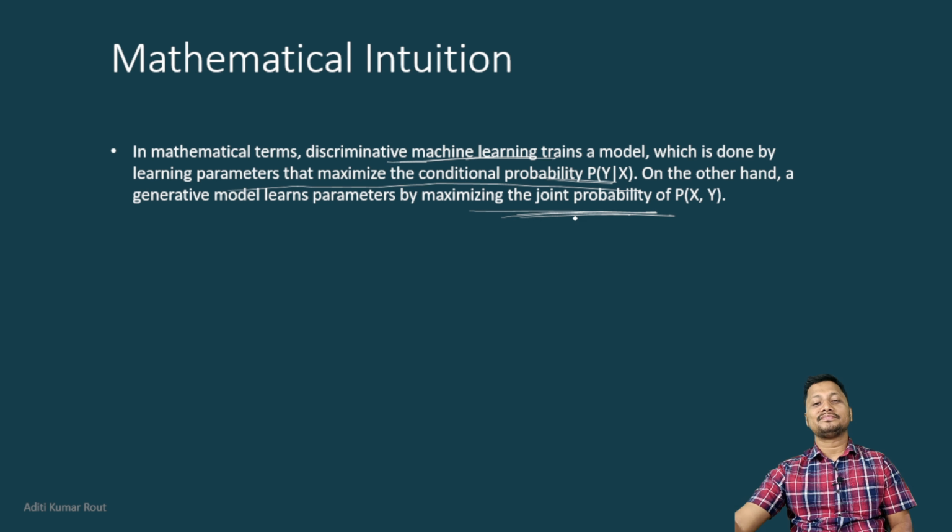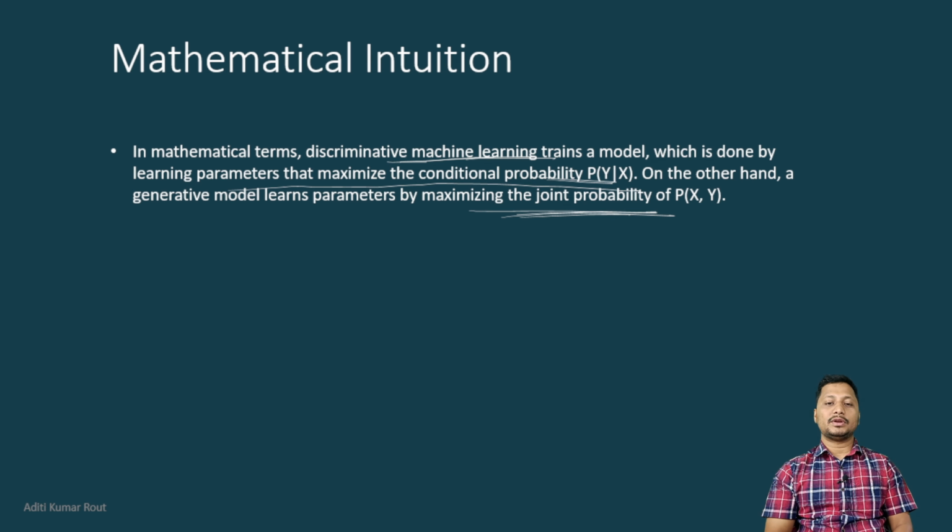This is one difference. That is basically the difference between discriminative and generative machine learning models from a mathematical intuition point of view.